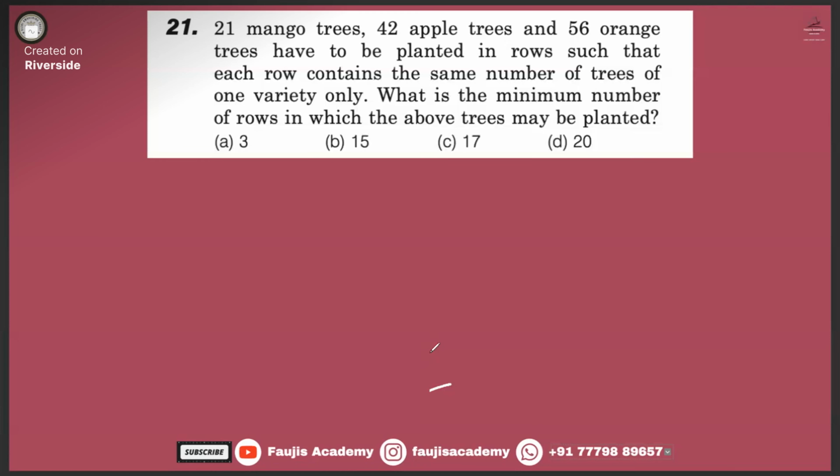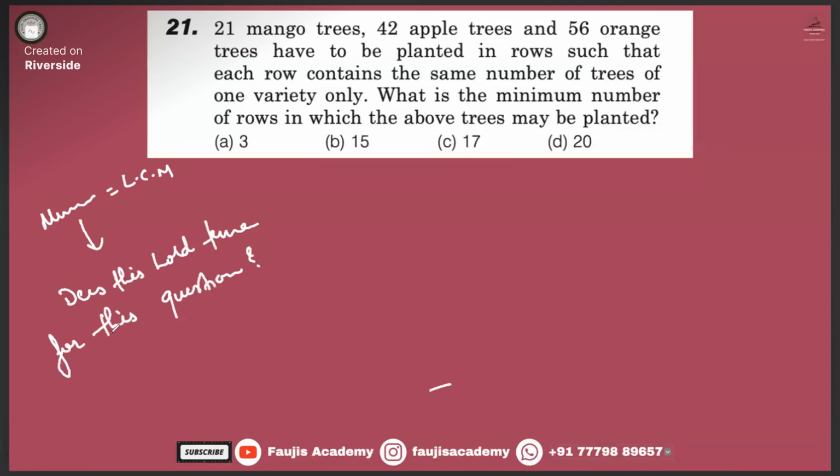What is the minimum number of rows in which the above trees may be planted? I've always been telling you, wherever you find minimum, you will find LCM. Answer me. Does this hold true for this question as well, guys? Yes or no?